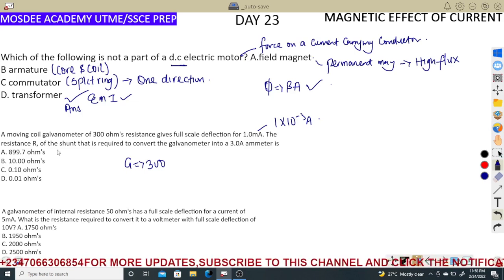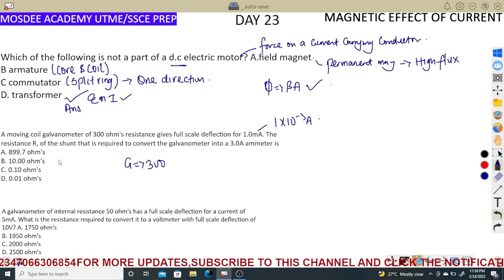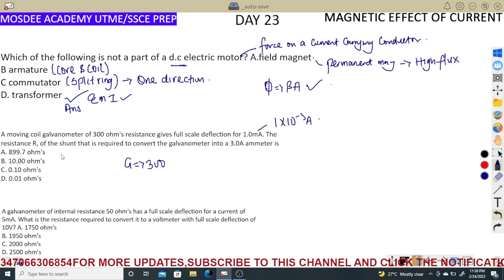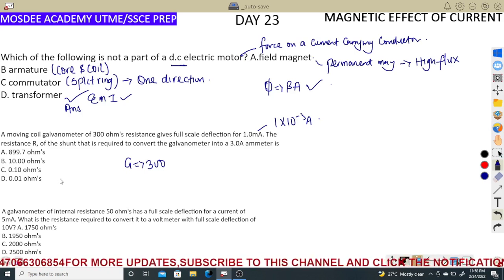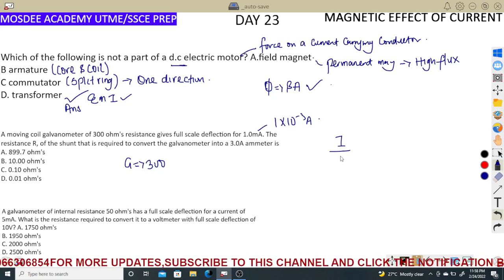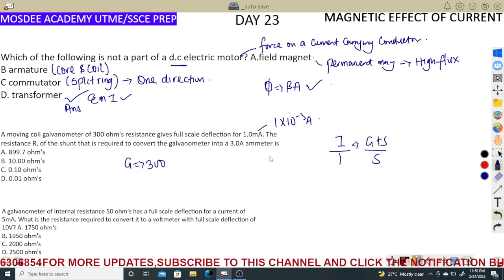I don't think I have to do this. Maybe I'll leave this for you guys to do, because it is just a direct question. Please keep it in mind. You are using the formula I over i equals G plus S over S, which is what I've done.